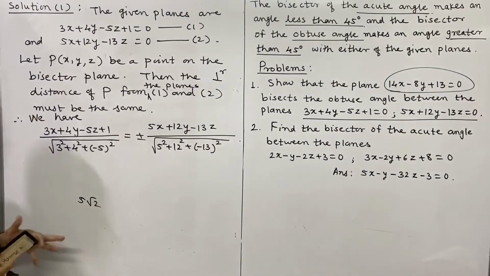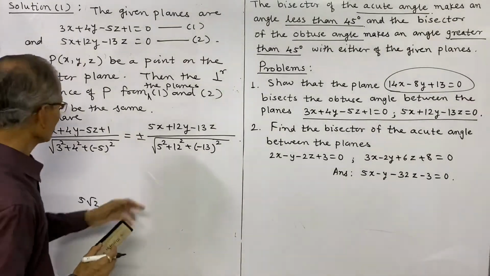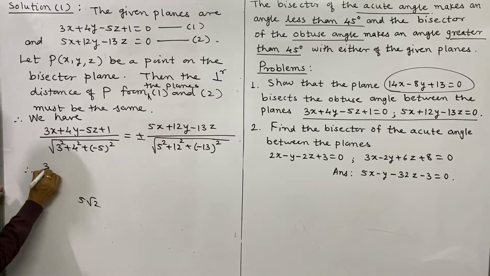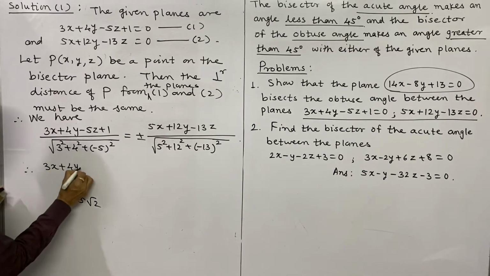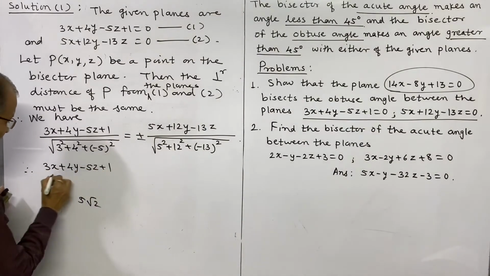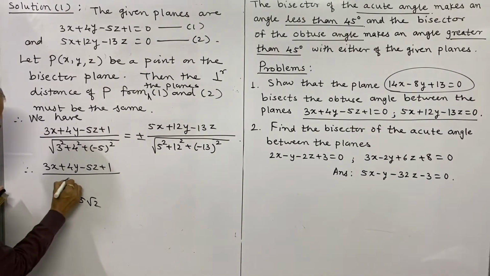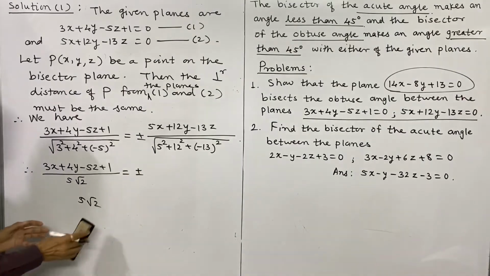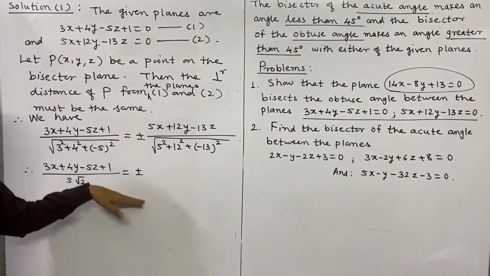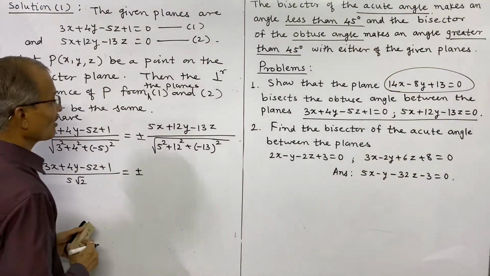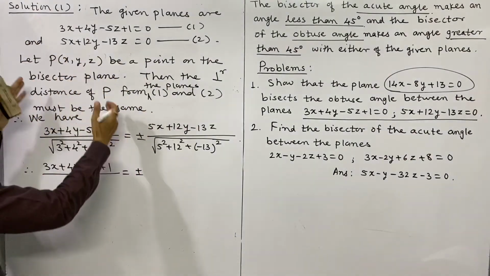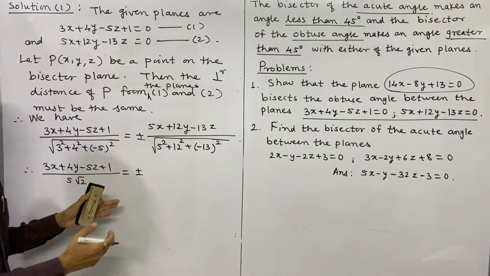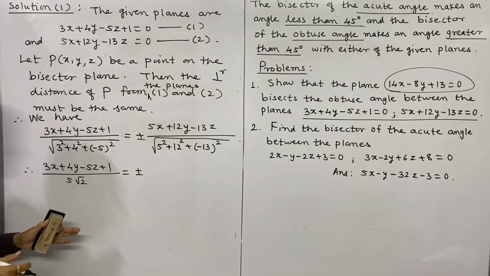And what about this? So I shall write this as (3x + 4y − 5z + 1) divided by 5 root 2. And there is a plus or minus sign, because there are two planes. Or otherwise, if you consider the distance, then it is an absolute value, and absolute value has the two signs, plus or minus.